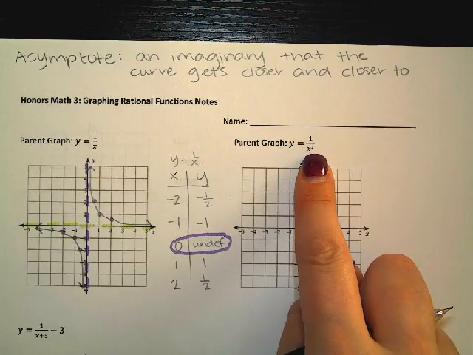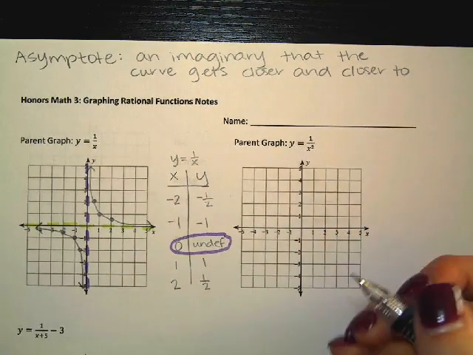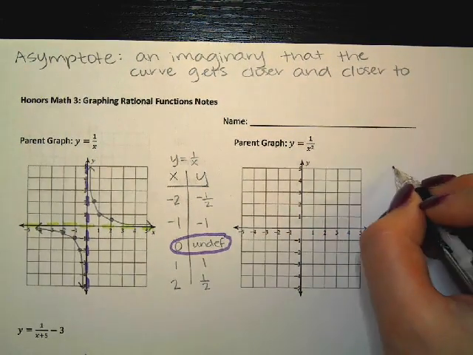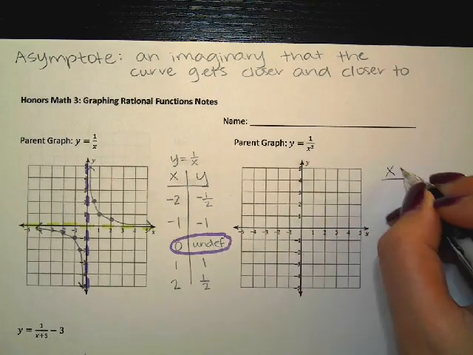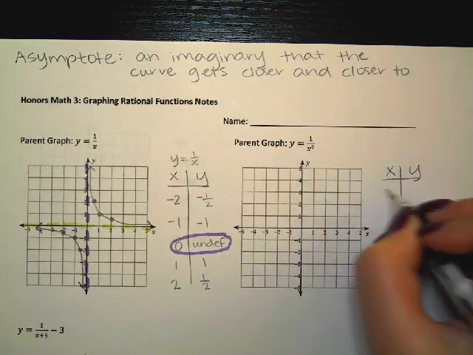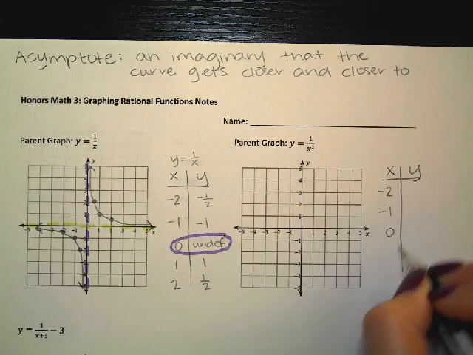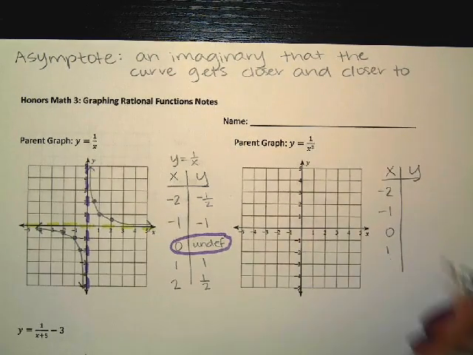Another is we could have 1 over x squared, which is going to change the way it looks a little bit. So if we have a table again, x and y, and we'll plug in -2, -1, 0, 1, and 2.